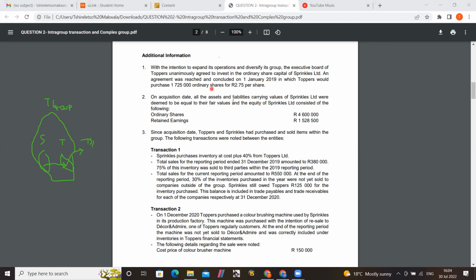Firstly, you're going to start with the one that eliminates the balance. That one is simple. All you have to do is check the sale that happened that year. You just eliminate the total sale, right? So you're going to debit what? Debit revenue, right?